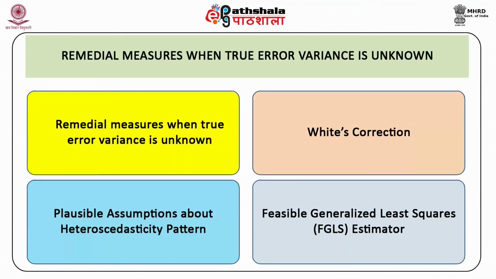Remedial measures make an implicit assumption that the true error variance is known. However, in reality, it is difficult to have knowledge of the true error variance. Thus, we need some other methods to obtain a consistent estimate of the variance of the error term.